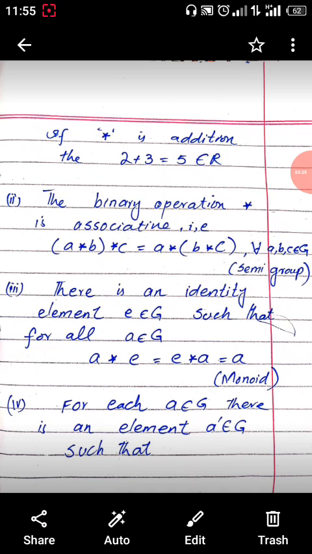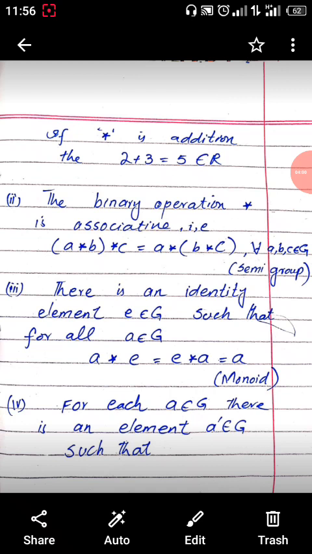The third condition is identity. The identity element is a unique element. With respect to addition, the identity element is 0, and with respect to multiplication, the identity element is 1. For example, we have a number 2; which number do we add to 2 so that 2 keeps its identity? 2 plus 0 is 2, 3 plus 0 is 3, 10 plus 0 is 10.